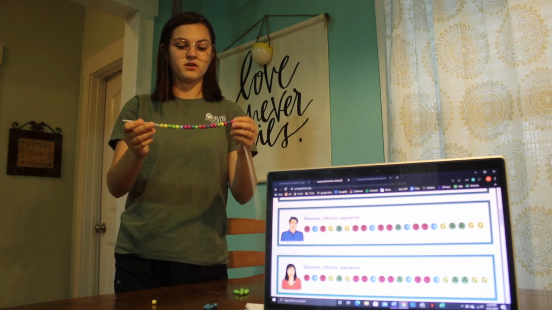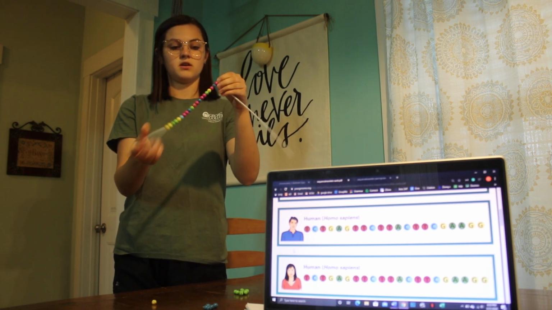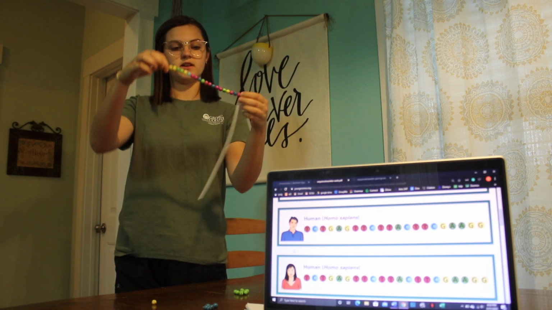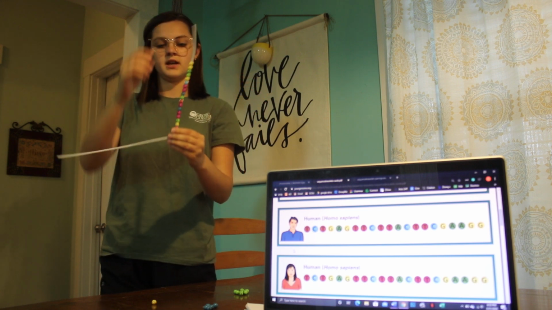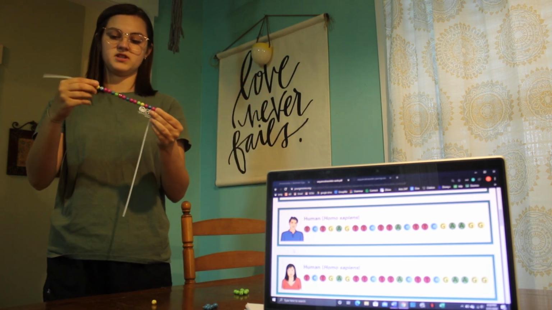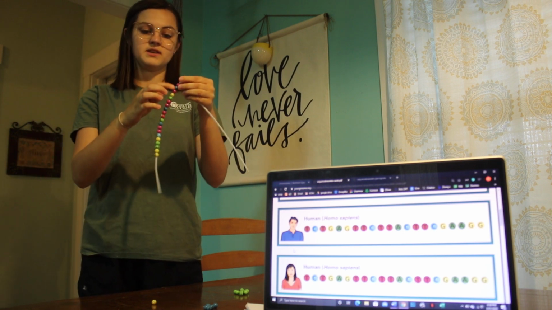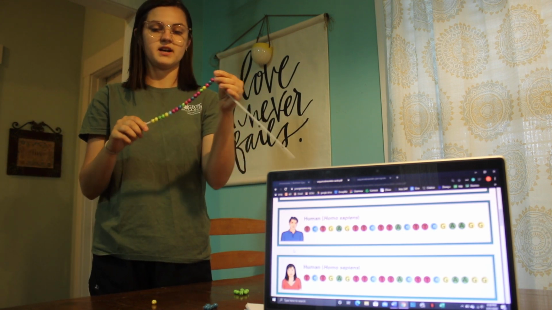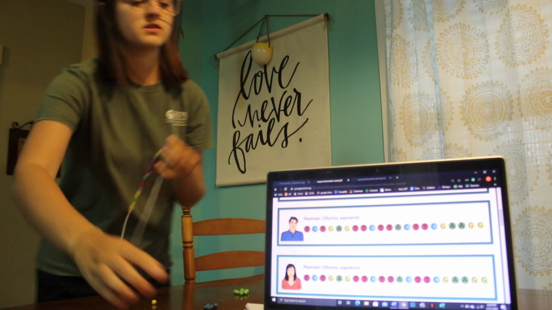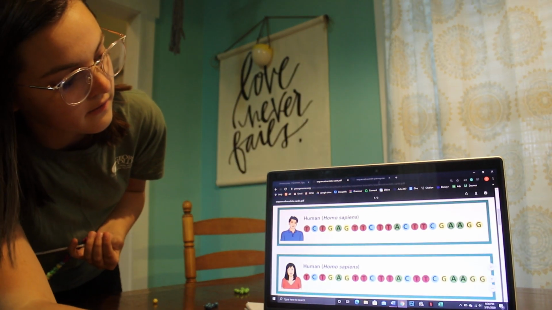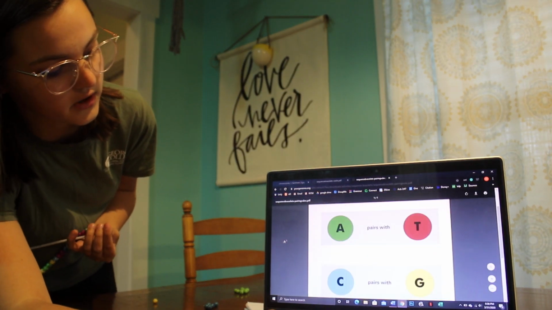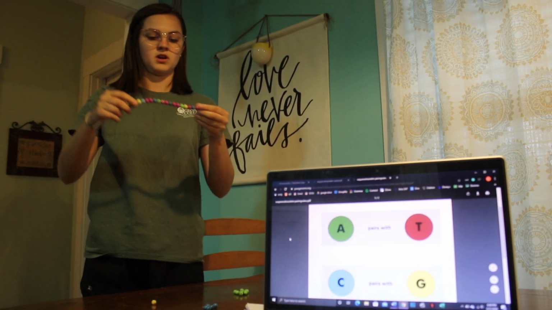Alright, so I have my one strand of my one side of DNA done, and then for the other side we're going to find the matching bases. Each of these different bases has one base that will match it. Here is the code for which base matches which.